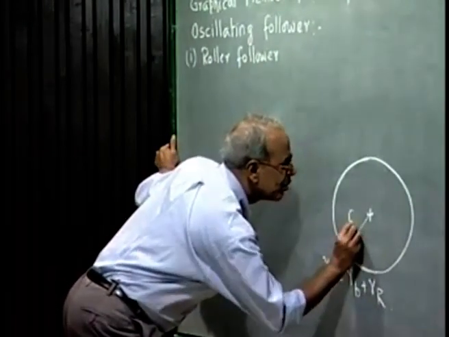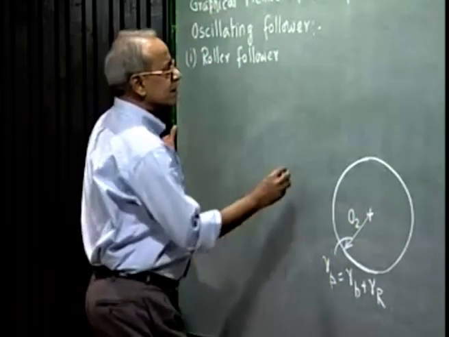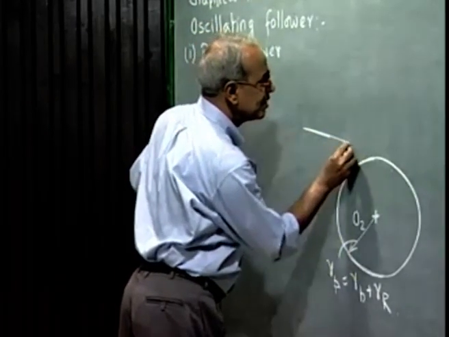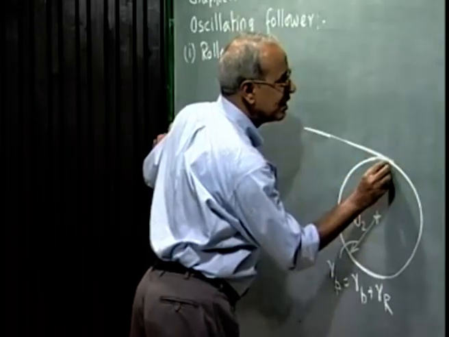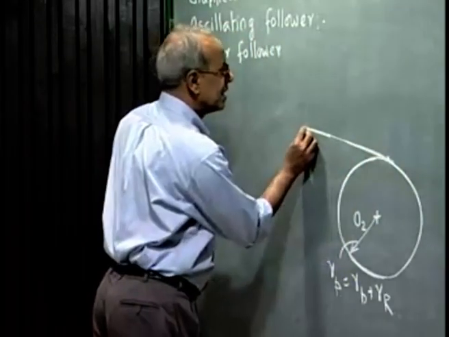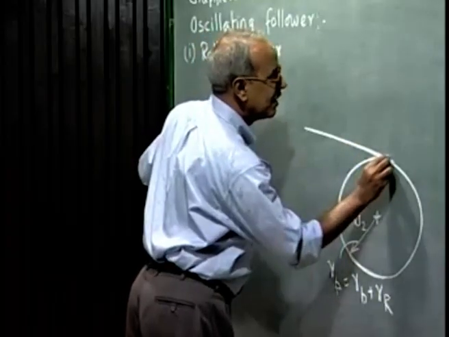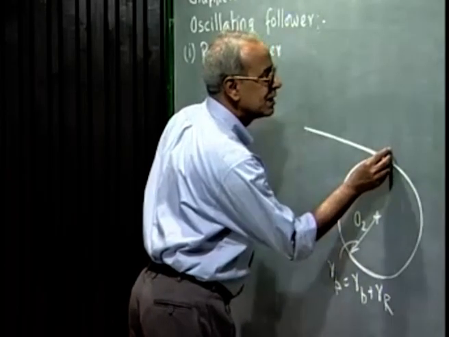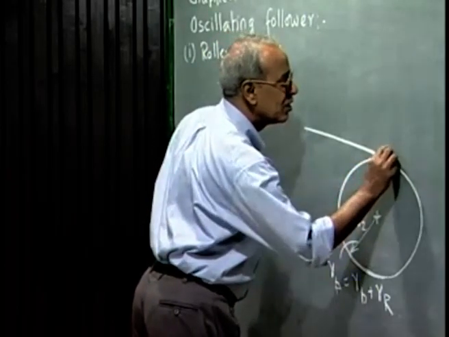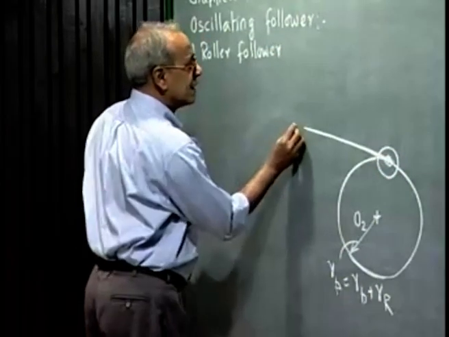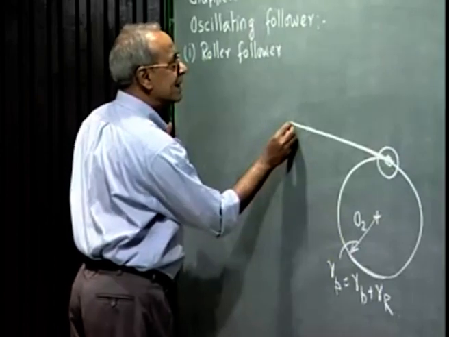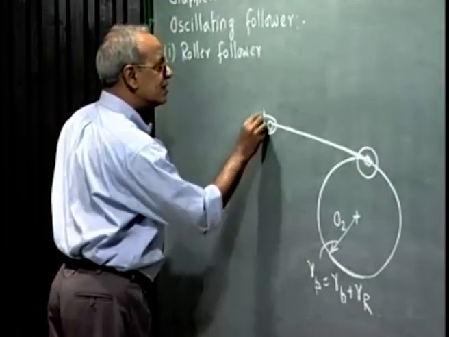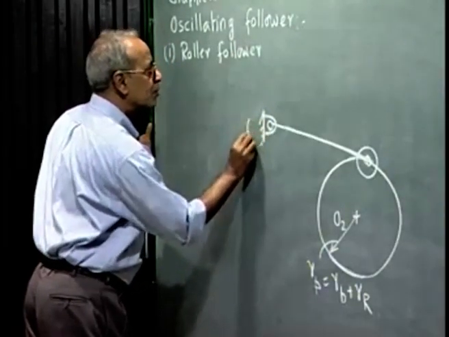This point we called O2. Suppose this is the roller center at the lowest most position. This is the roller, and this roller follower is say hinged here to the fixed link. This point we call O3.